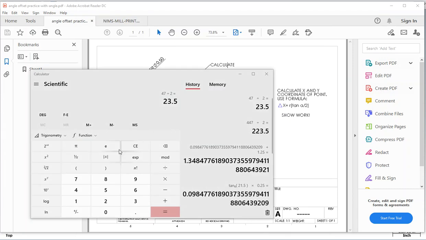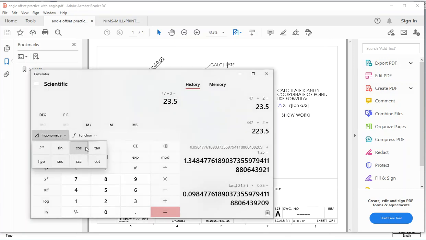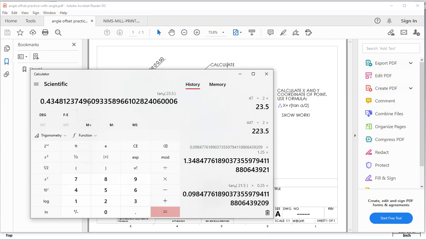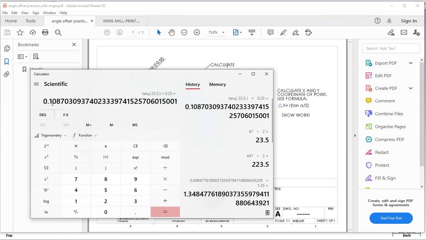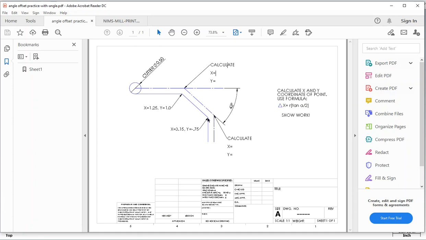Now take the tangent of that, get that big long number, and then multiply that by the radius of the tool, times 0.25, and I get 0.1087. So 0.1087 is the distance in the y direction from the corner here to the corner here.